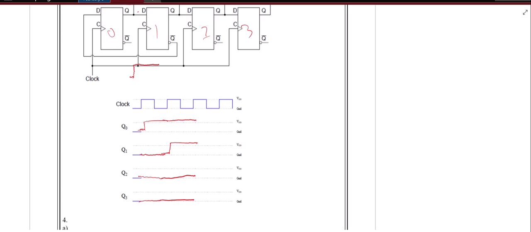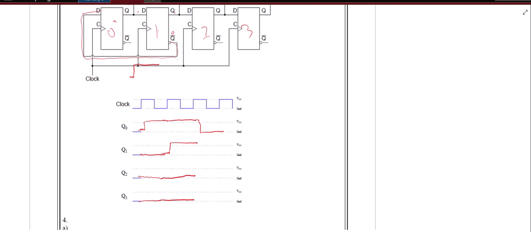But now, Q1 was 1, so Q1 bar is 0. Since Q1 bar is 0, that's the input that flip-flop number 0 sees, so it's going to become 0. But Q1 still sees the 1 from the time before.